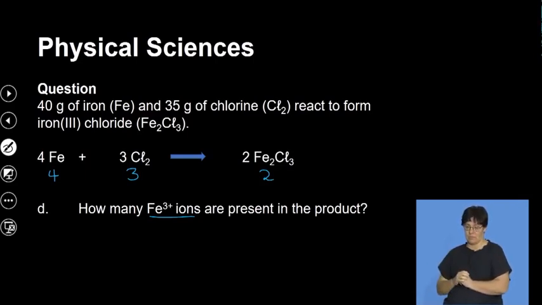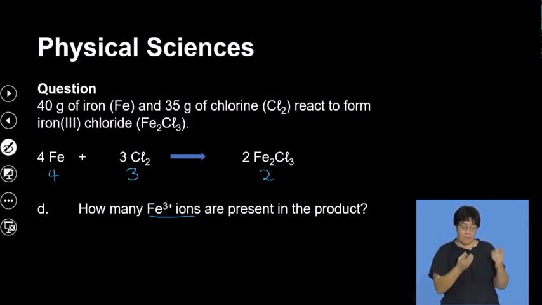It's a very interesting question because we're talking about the number of ions, so this has to do with the Avogadro number of particles of a substance based on the mole concept. So how much iron(III) chloride is formed? That's the question we want to ask ourselves.